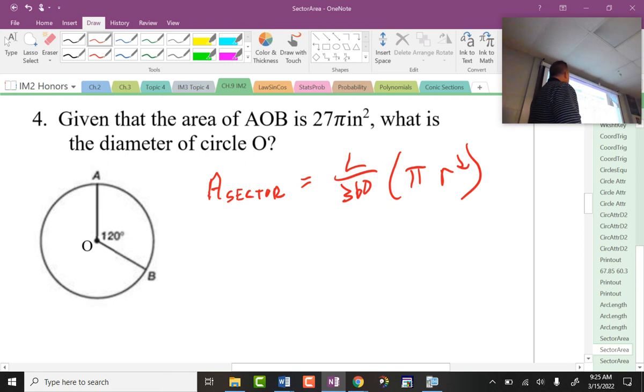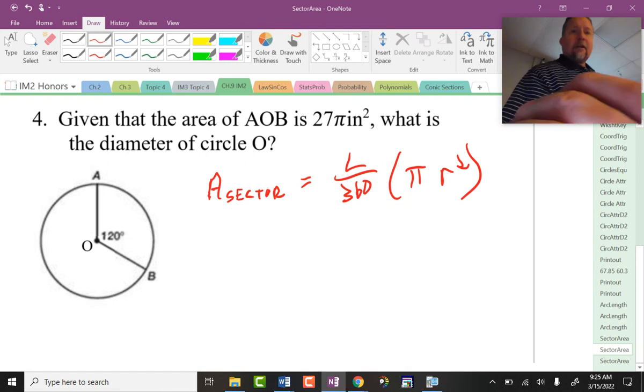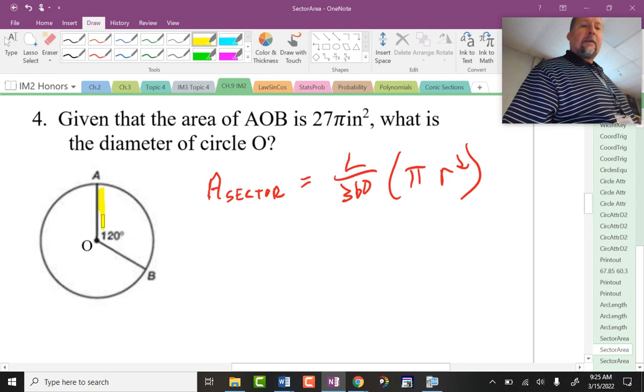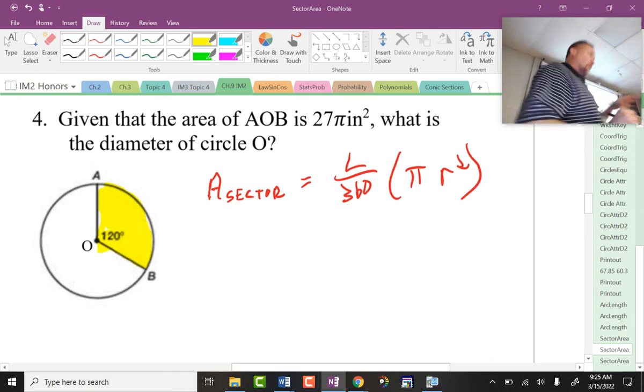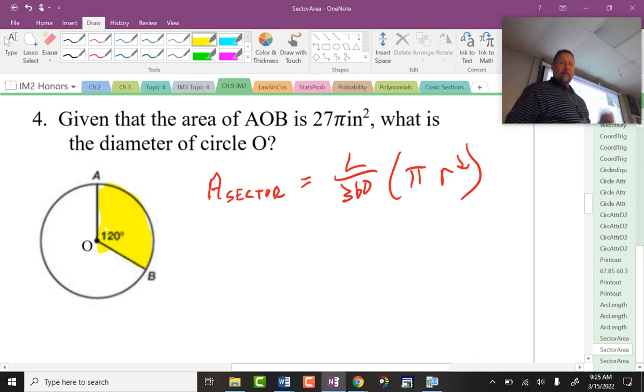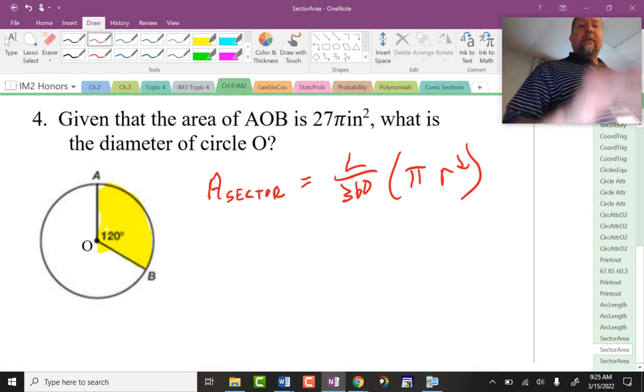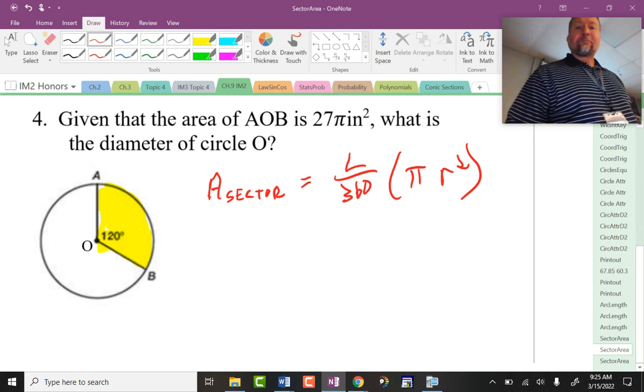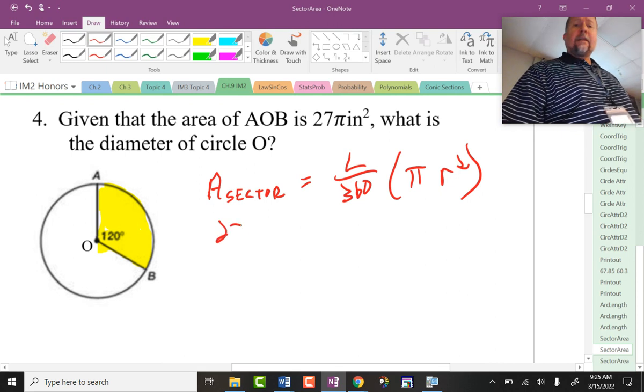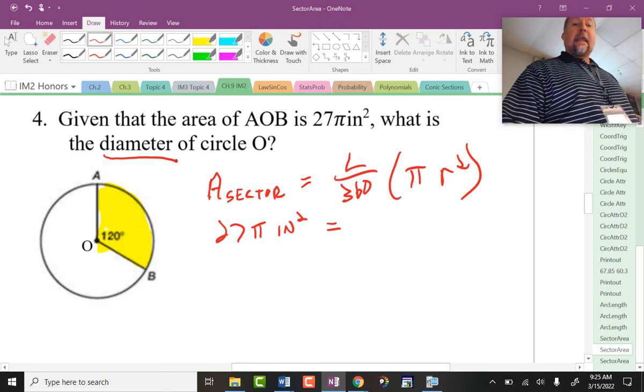Given that the area of AOB, well, there you go, the area of A to O to B, that's how you name a sector. You call it a sector and name the three, including the central angle part, that center, is 27 pi inches squared. What is the diameter?